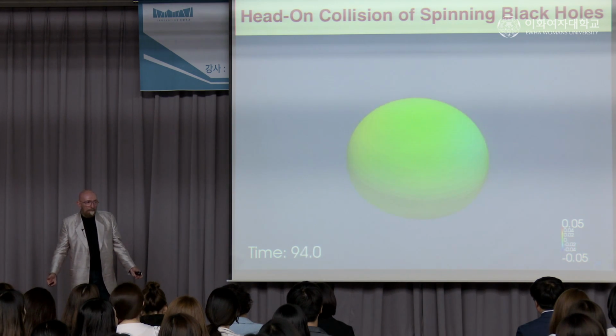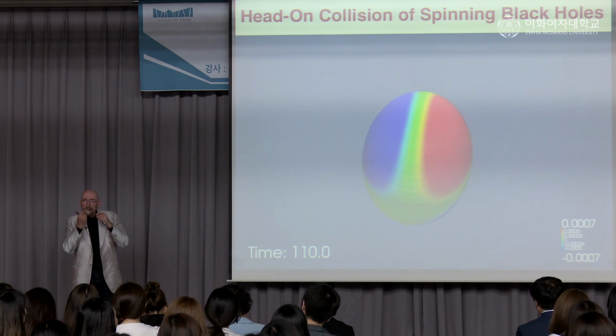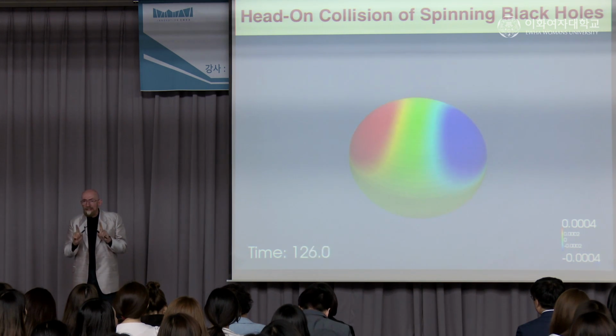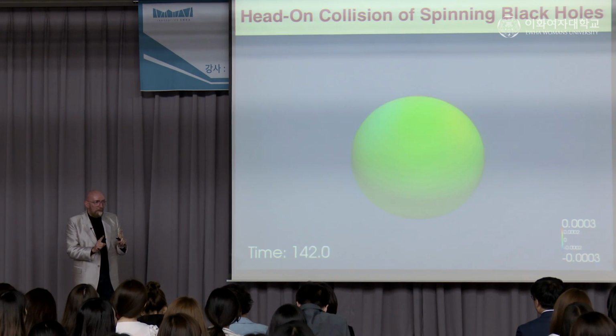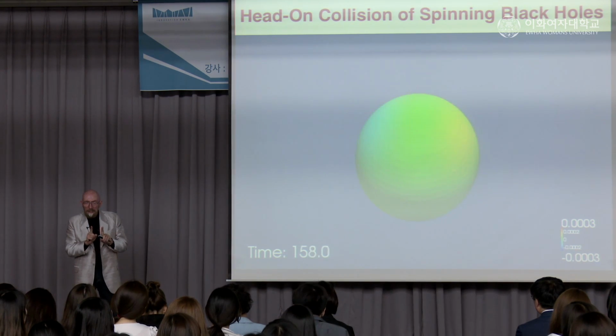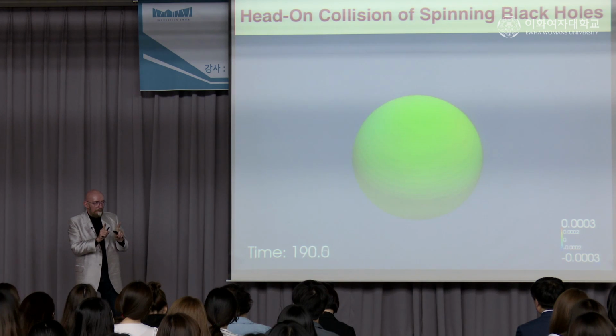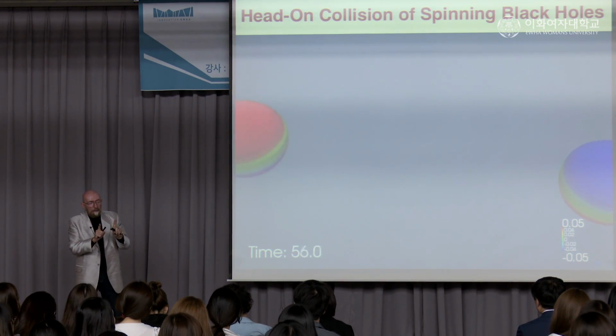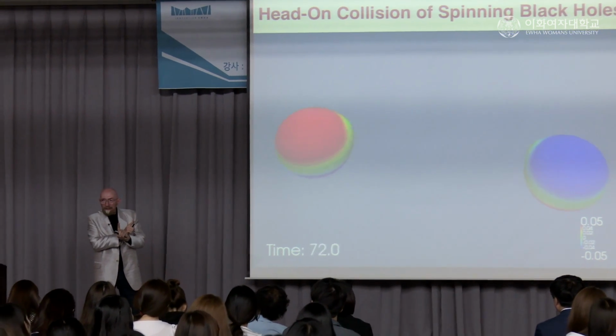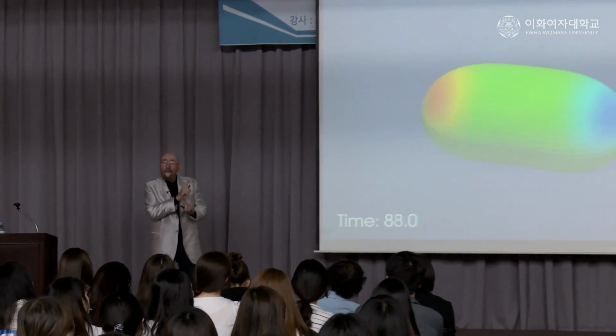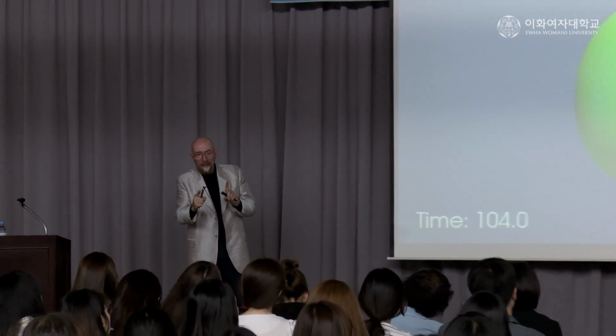So what's happening? What's happening is that these vortices don't like each other. In some sense, they fight with each other because they are twisting in opposite directions and they're side by side. And as they fight with each other, they exchange vorticity. The red one gives its red vorticity to the other one. The blue one gives its blue vorticity to the other one.